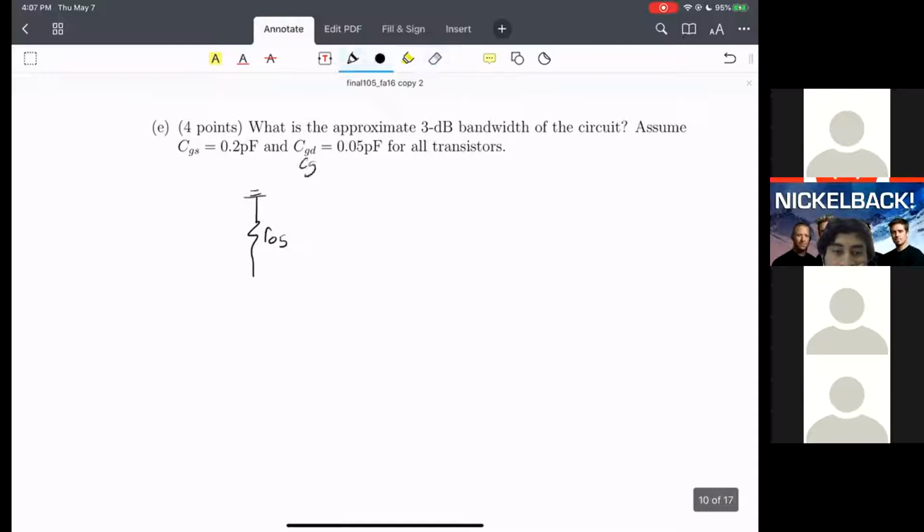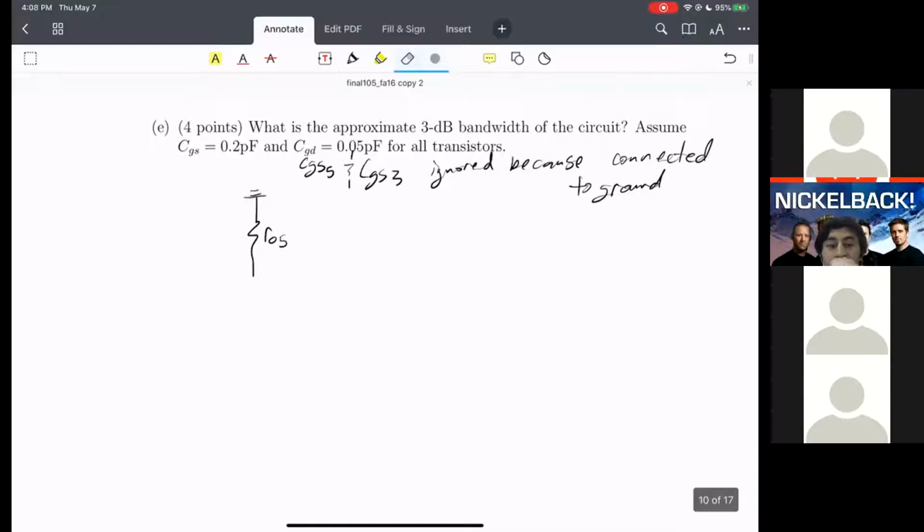I'm just going to ignore CGS5 and CGS3, because the gate and the source are connected to ground, so we just ignore CGS for 5 and 3.